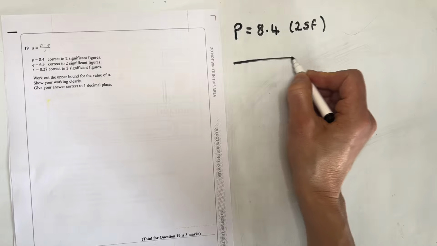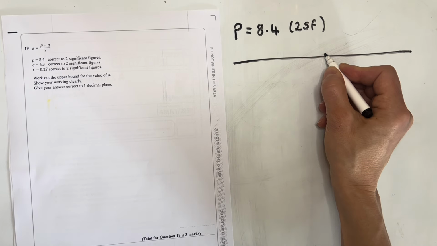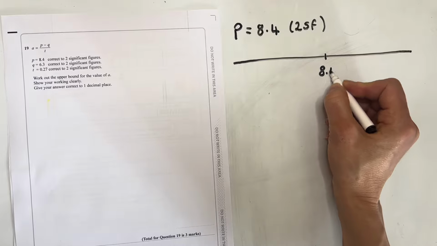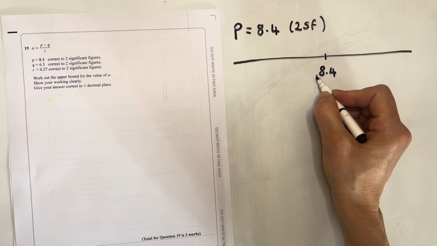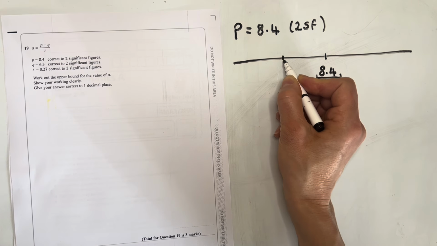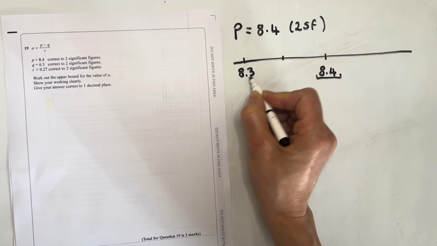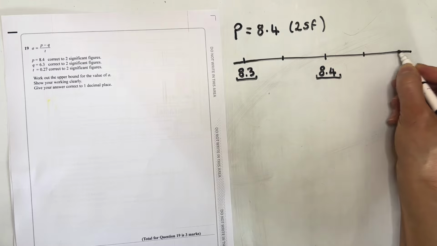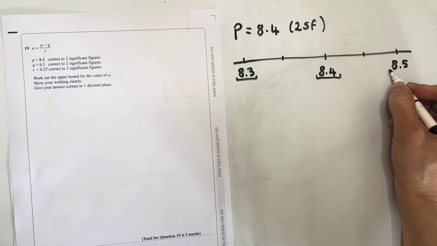I like to draw a number line when I'm looking at bounds. So we've got P has been rounded to 8.4. We're trying to find out what is the lowest and the highest possible values that would have rounded to 8.4. If my value goes too low, it will round down to 8.3. And if my value goes too high, it will round to 8.5.